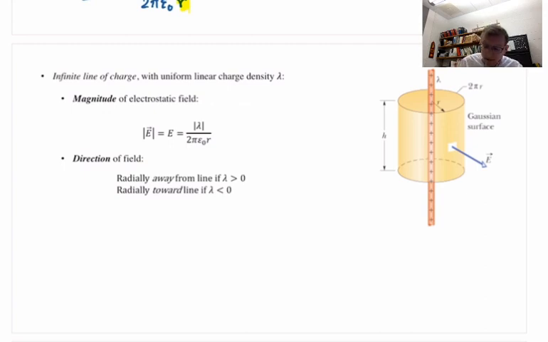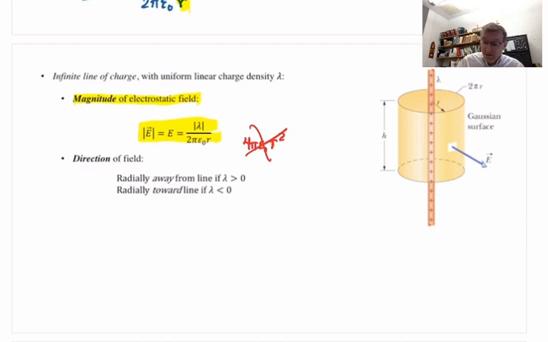And we now know the formula for the magnitude of that electric field. E magnitude is the absolute value of lambda, that way we can even account for the case if lambda were negative, over 2 pi epsilon 0 r. Just watch out, that denominator is not 4 pi epsilon 0 r squared. This formula will get you the correct magnitude even if that line has negative lambda, negative linear charge density.